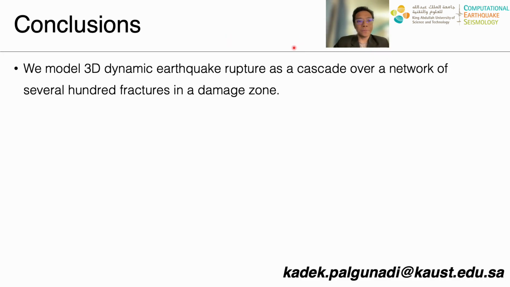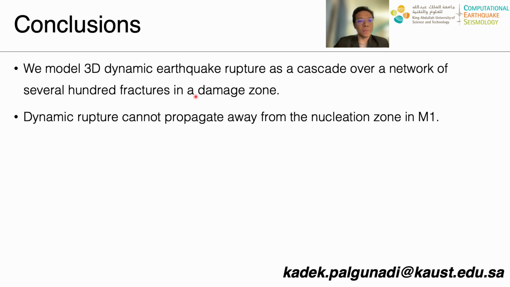In conclusion, we model 3D dynamic earthquake rupture as a cascade over a network of several hundred fractures in the damage zone. Dynamic rupture cannot propagate away from the nucleation zone in model number 1, or if the main fault and fractures are unfavorably oriented.